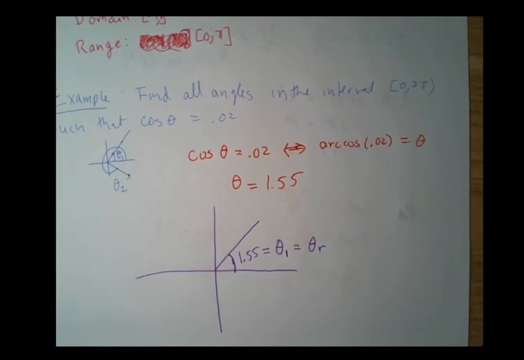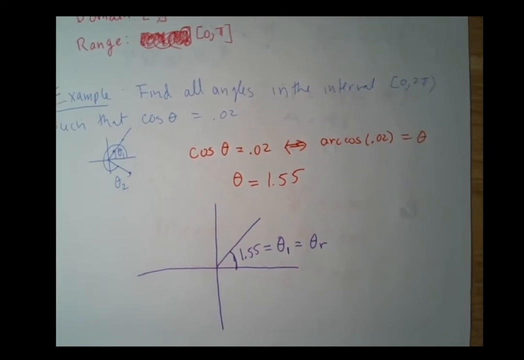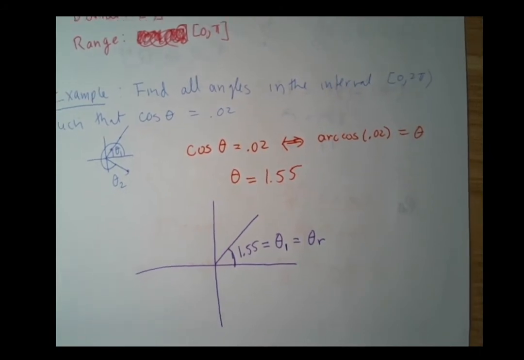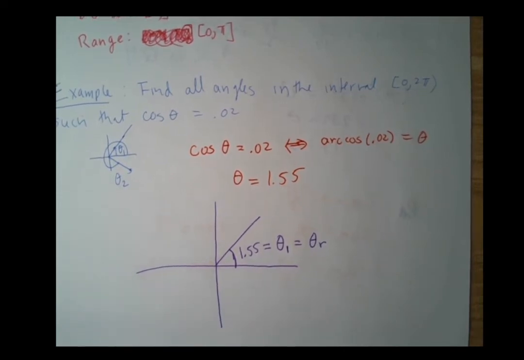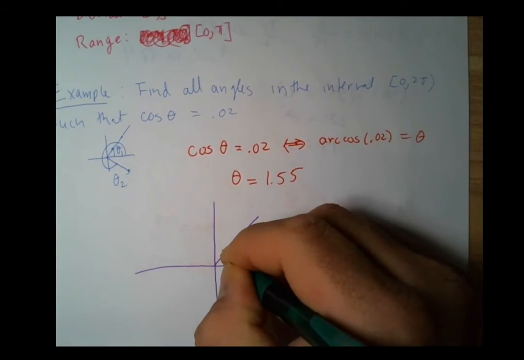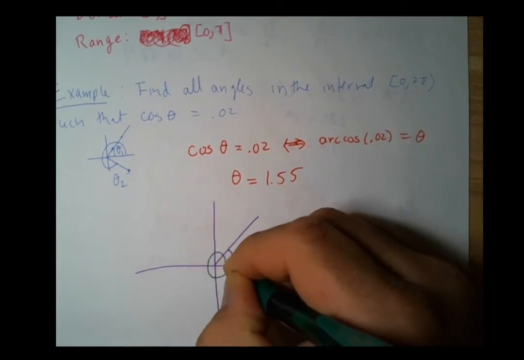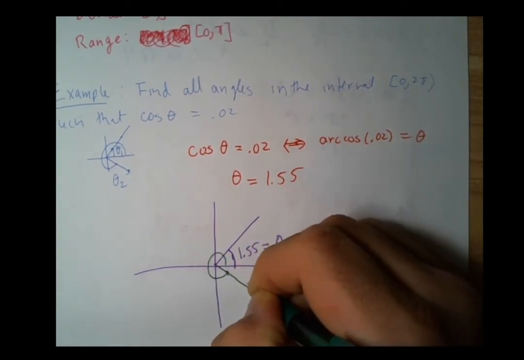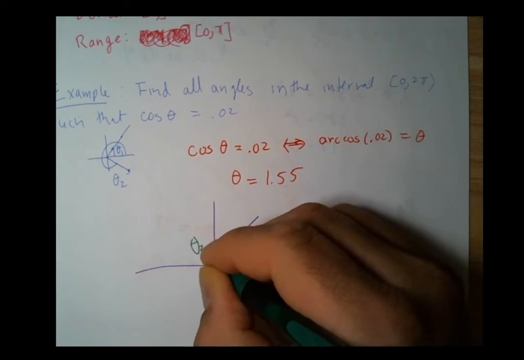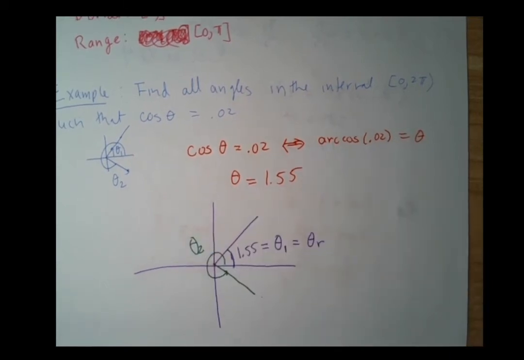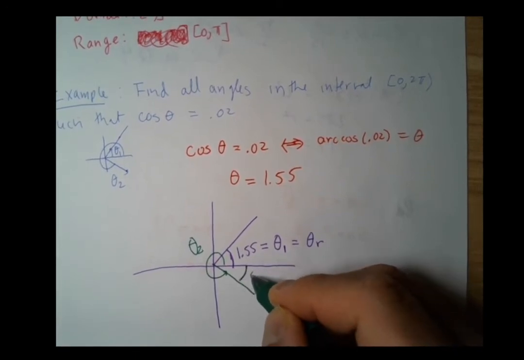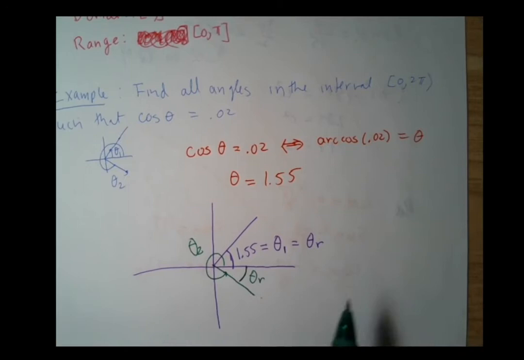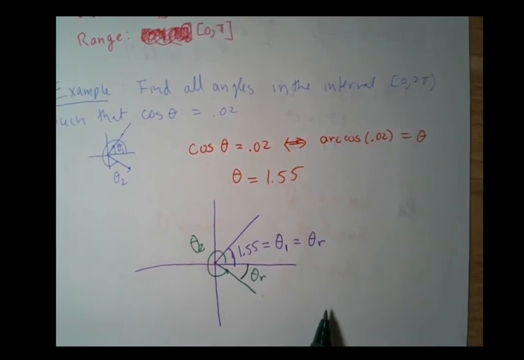It's the acute angle between the x-axis and the terminal side of our angle. I point that out because that's going to help us find theta 2. Theta 2 is in quadrant 4. That would be theta 2. In order to find that, I need to realize that this is theta r, or 1.55.